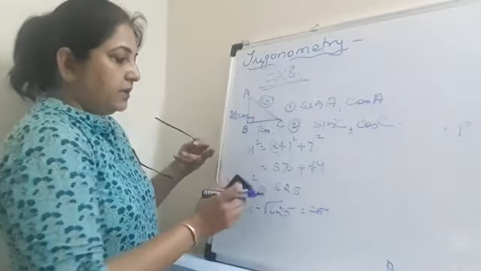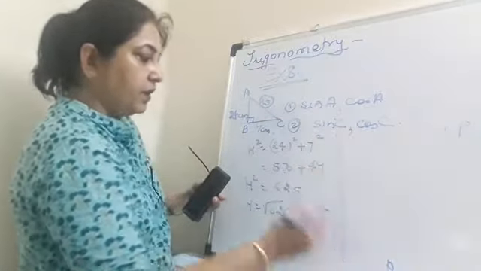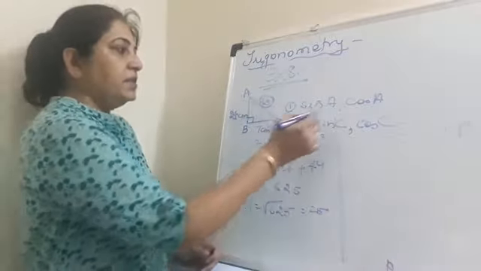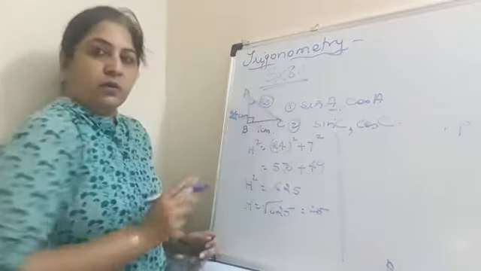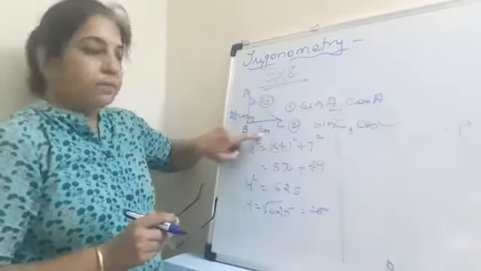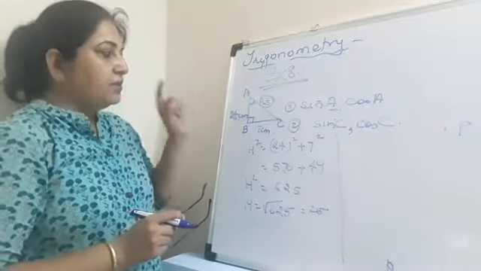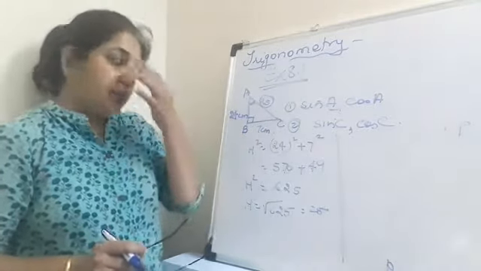Now I'll rub this. Okay, now we have to find sine of A. That means we are talking about this angle A. With respect to A, this will be the opposite side and this one will be the adjacent side. Remember that whichever angle we are talking about, with respect to that we are going to take the opposite and adjacent sides.